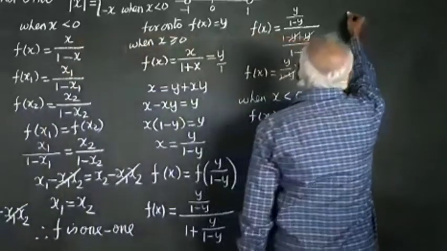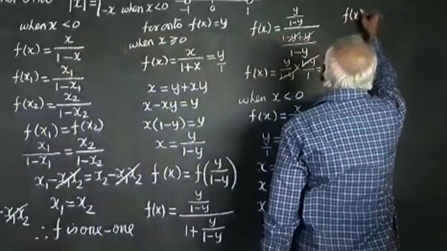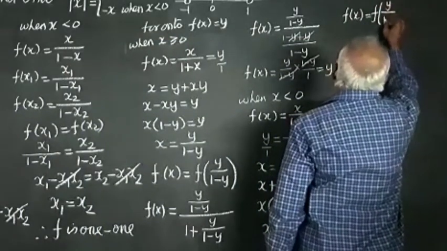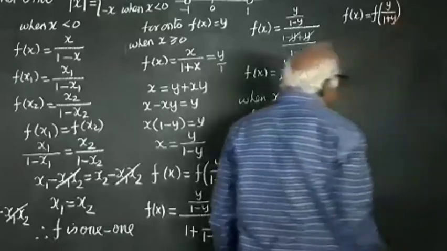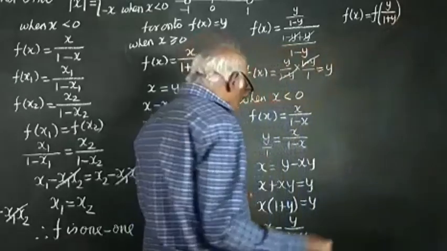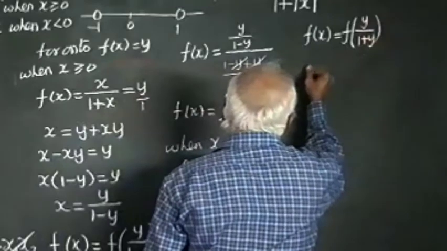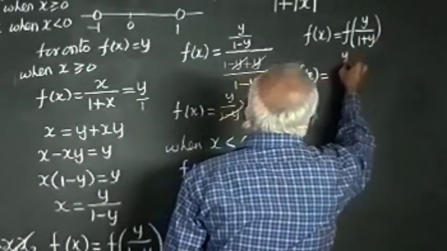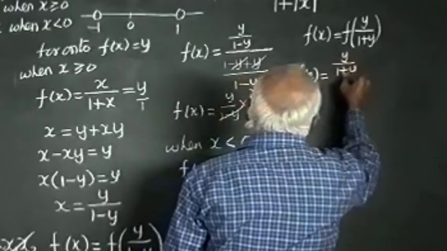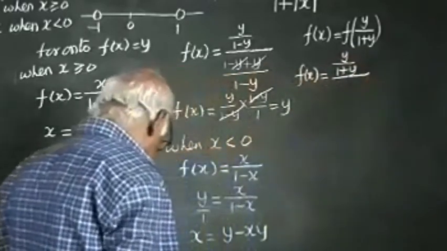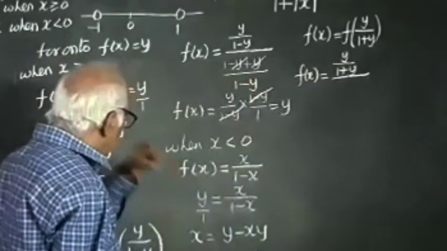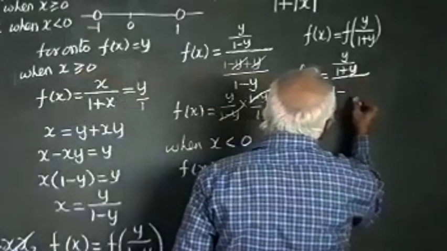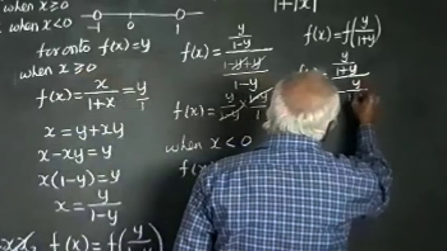Now we have to prove that f of x is equal to f of y by 1 plus y. f of y by 1 plus y is equal to y by 1 plus y divided by 1 minus y by 1 plus y.